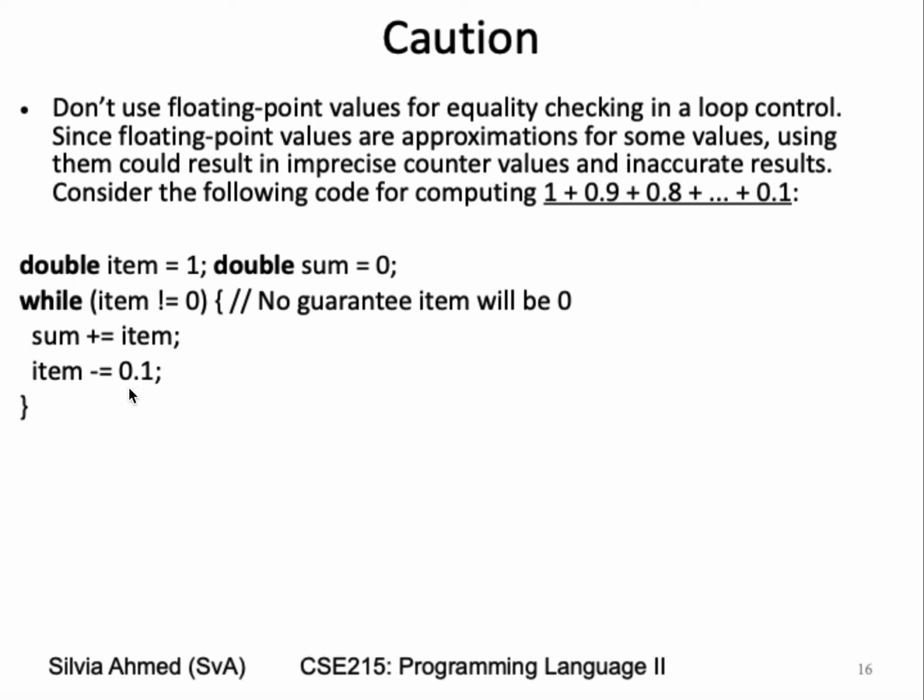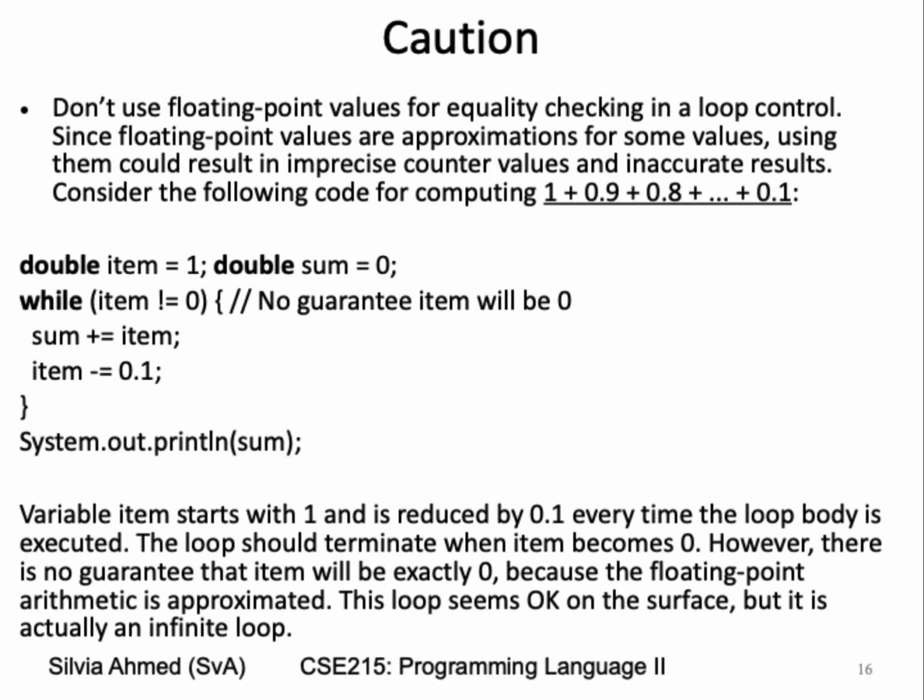Then it can never again reach 0. So this becomes an infinite loop. So what we can do is, instead of using the equal or not equal operator for comparing floating point values, we should use greater than or less than operators when dealing with floating point values.